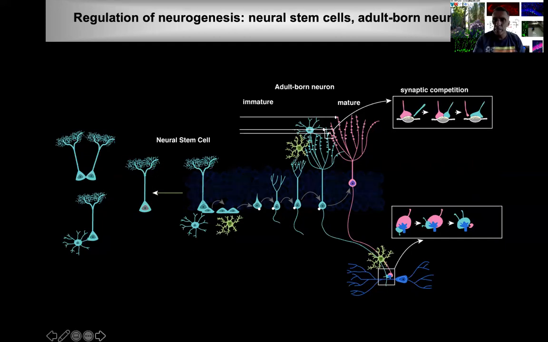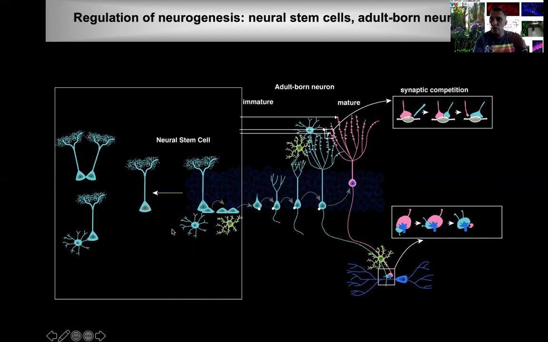In my lab, one line of research is aimed at understanding the mechanisms that regulate neural stem cell activation and quiescence, a fundamental decision that has a lasting impact on the hippocampus.